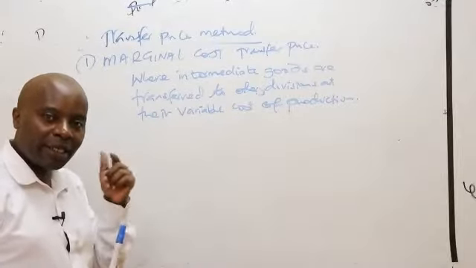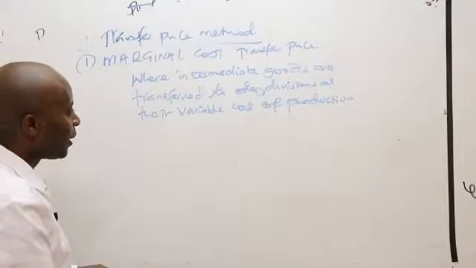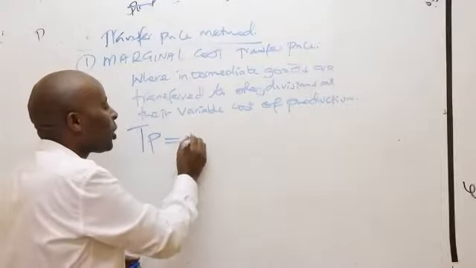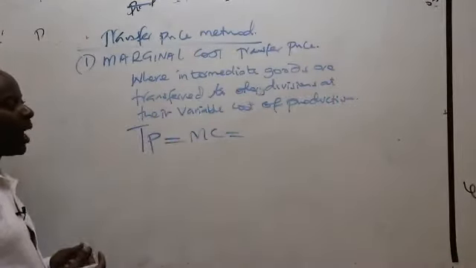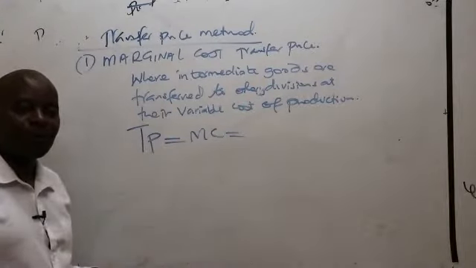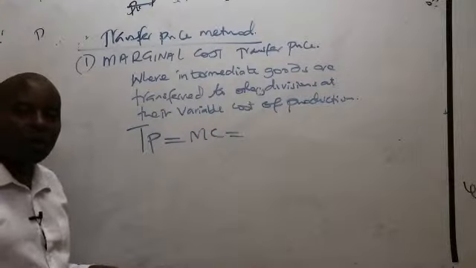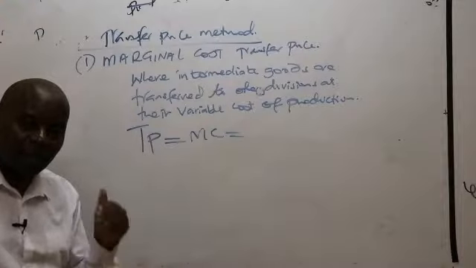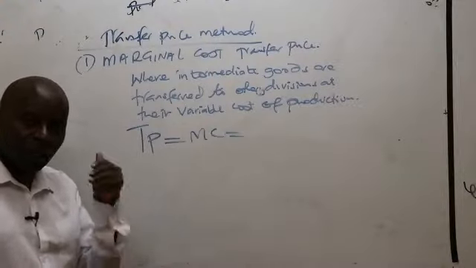So in this question, the one of X and Y, if we decide to charge marginal cost as our transfer price, how much will X charge Y for the goods?